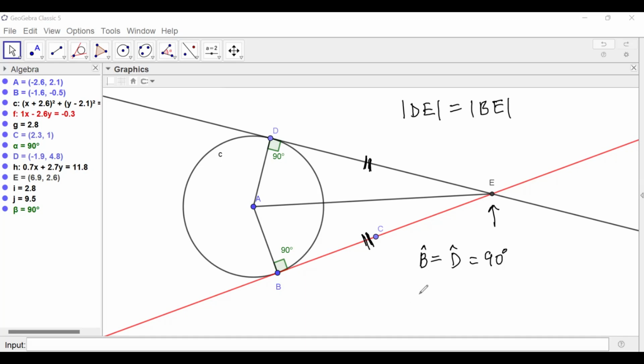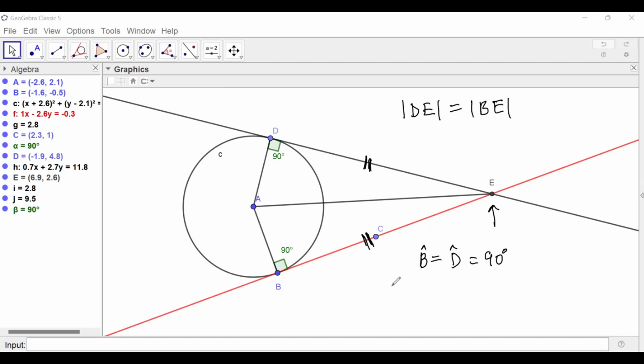And then you will find out that we have two right angle triangles here with a common hypotenuse. So the hypotenuse for triangle ADE is AE, and that is also the same hypotenuse for triangle ABE.